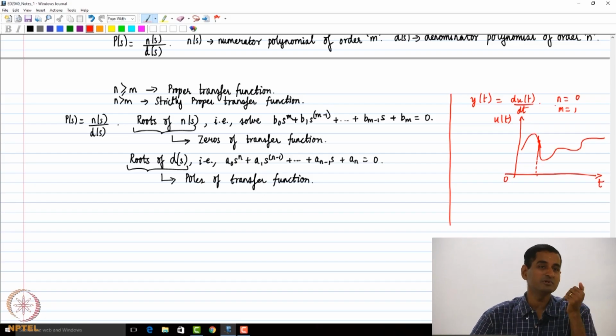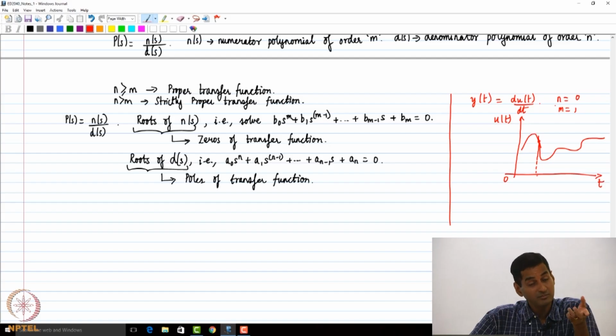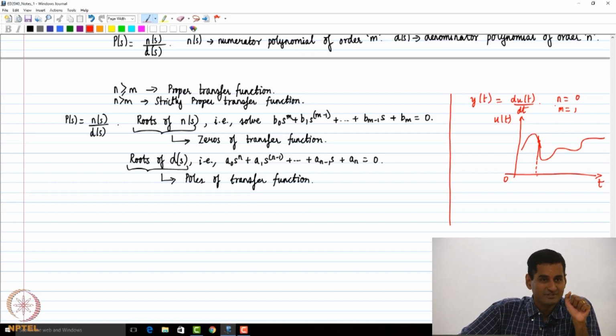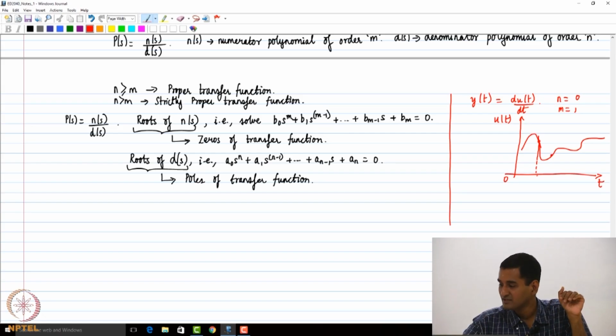My system output at this instant is influenced by what input will come in the next instant. So it tries to anticipate and take action. You can see how it's non-causal. If the input is going to decrease, the output will decrease. If du/dt is positive, the output will increase.